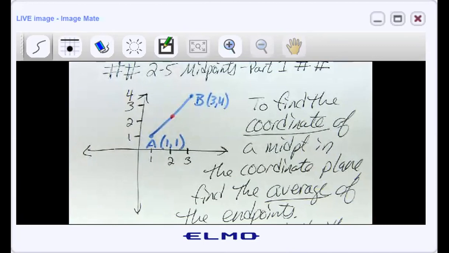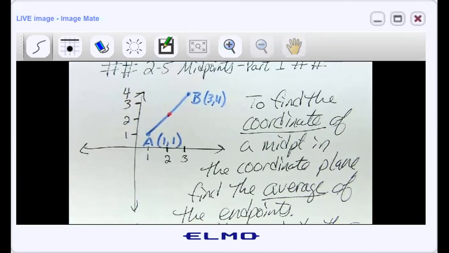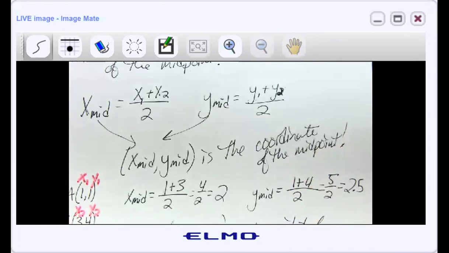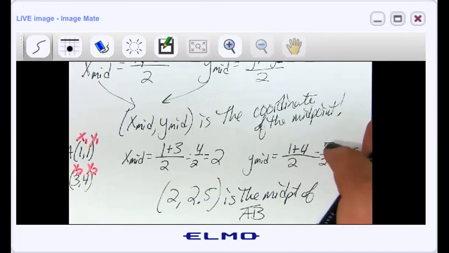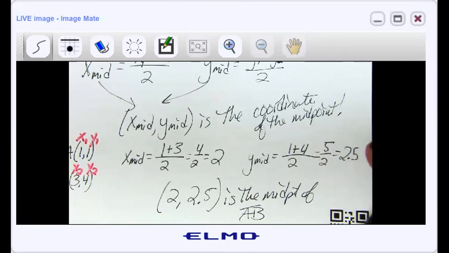Again, I'm freehanding this, so it's not going to be perfect. But this works. If I got something like (10, 19), that's way off, and I know it's not right. So again, math is always looking out for you. If it doesn't appear to be a reasonable answer, it's probably not.